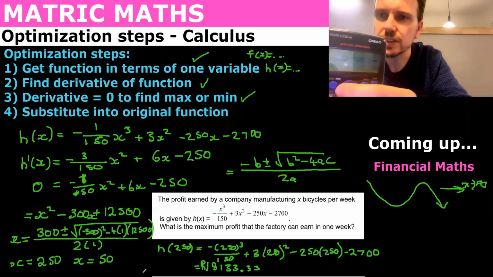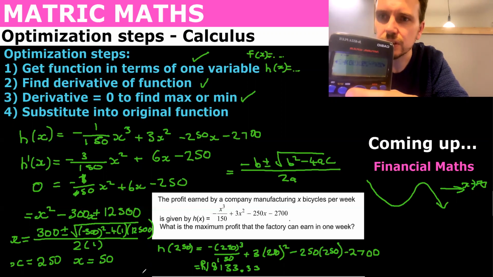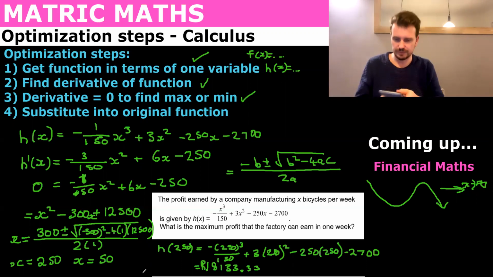So wherever I see 250, I need to change to 50. 2,700, I need to change this to 50 as well. And finally 50 cubed. And this should be lower than the other one, and of course it is. It's minus 8,533. So I know that this is my maximum here.